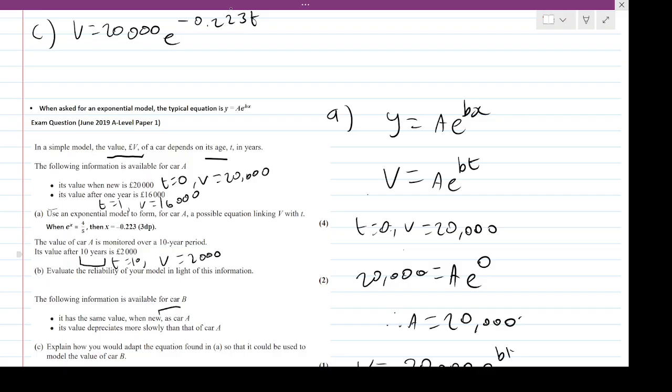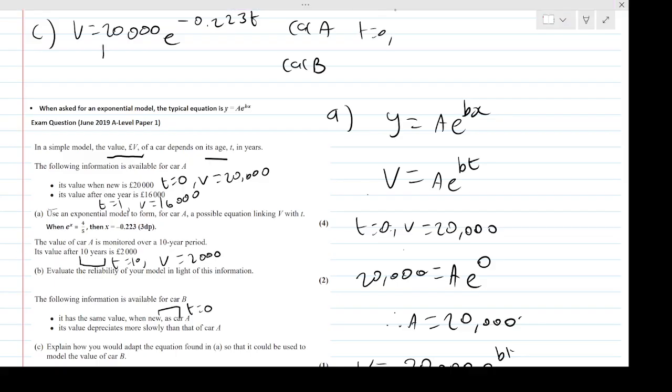So when t is 0, car B has the same initial value. If we substitute t = 0 in, it still has to be 20,000 in front, okay? 20,000 e. But we're told the value depreciates more slowly.